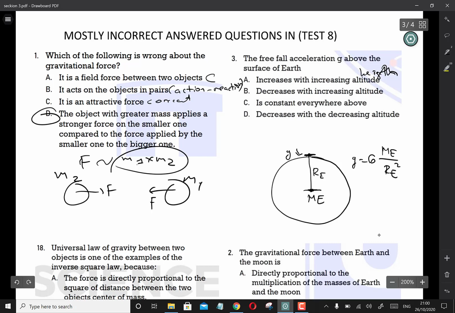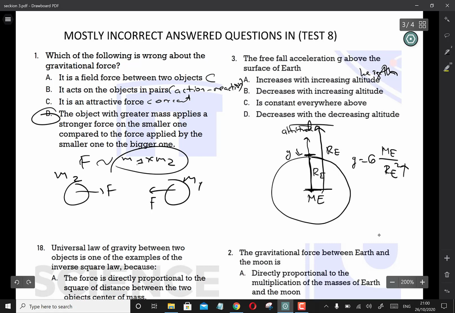But when altitude increases, when you go up, this RE becomes greater, which is in fact the distance from where you are to the center of the Earth.